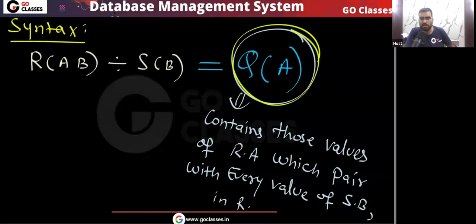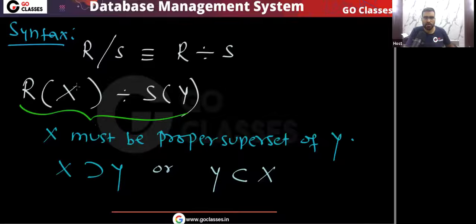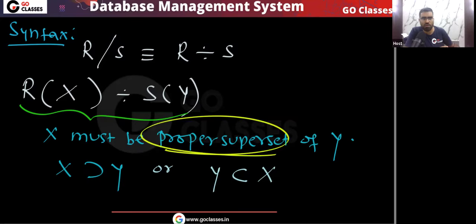So the output will contain those values of R.A which pair with every value of S.B in R. With an example, this will become very clear. So is this syntax clear? If you want to do R divided by S, I can say R must be a proper superset of S.